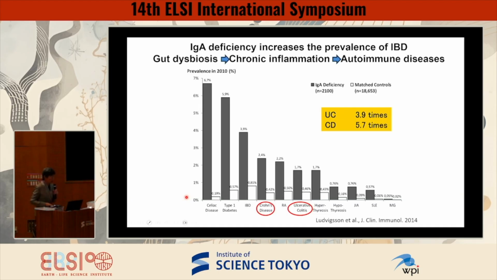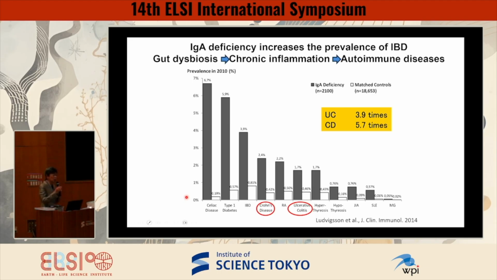So, for example, how is IgA important for gut homeostasis? There are big cohort studies, and IgA-deficient individuals have an increased prevalence of IBD or other autoimmune diseases, like celiac disease, rheumatoid arthritis, and SLE. Especially for Crohn's disease and ulcerative colitis, the prevalence is much higher than in IgA-competent individuals.